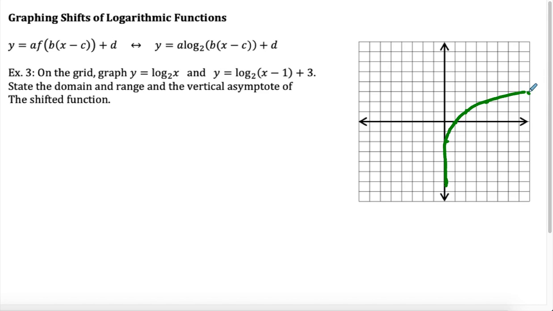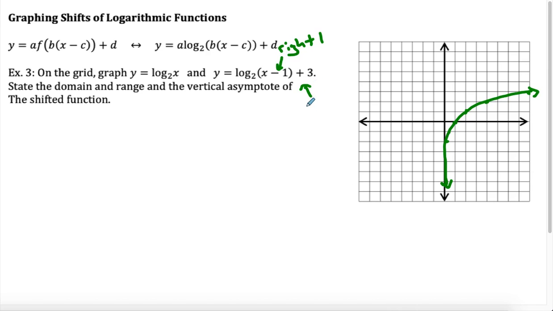So now we need to remember our rules of all these shifts. This is a shift to the right one. Remember, since there is a negative sign already on the inside, we're essentially taking the opposite sign to think about the direction left to right.